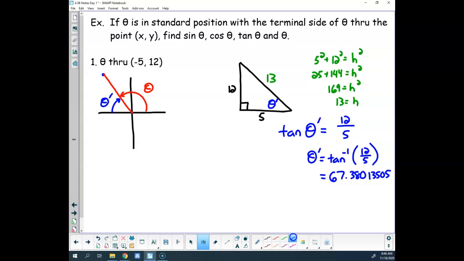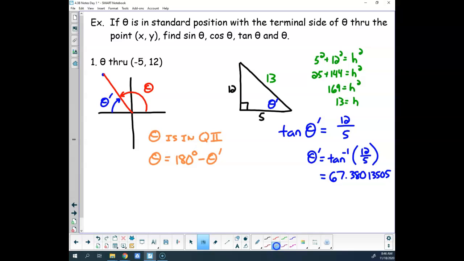Right? So since theta is in quadrant 2, right? Theta is going to equal 180 degrees minus my reference angle.